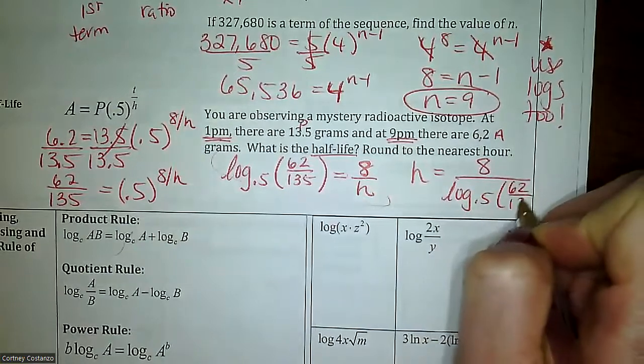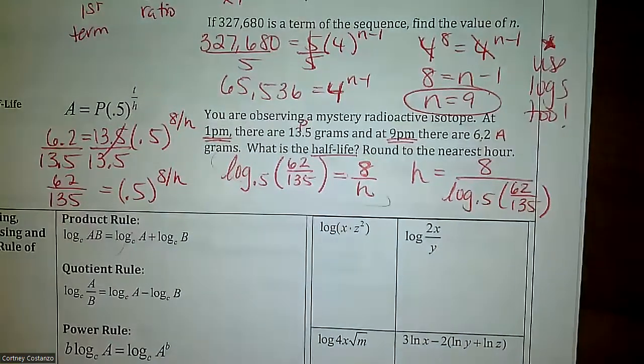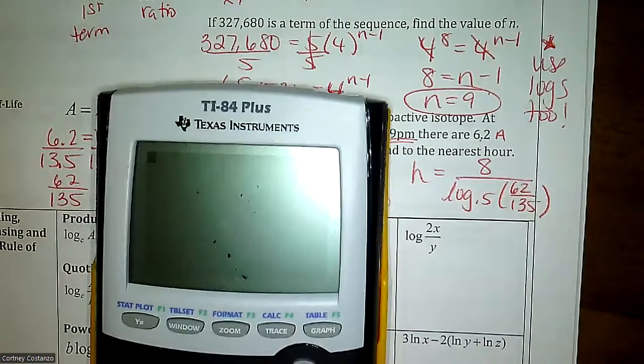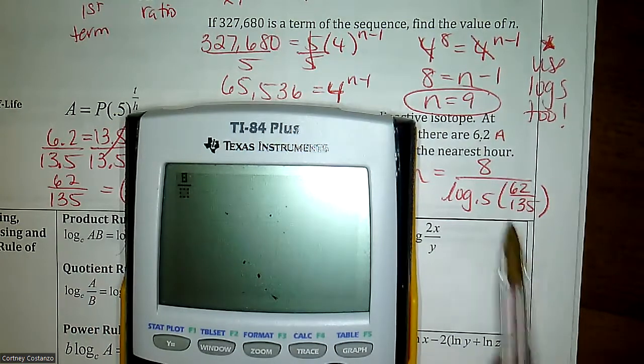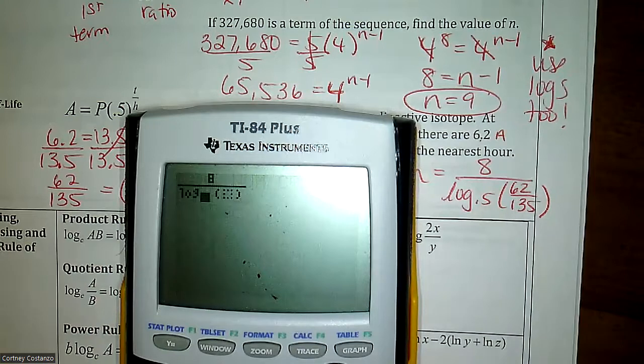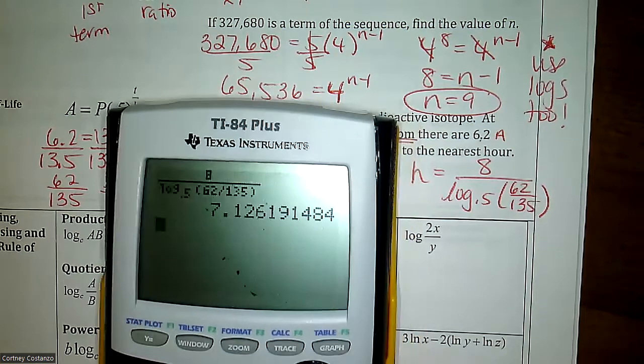I know it looks wild, but let's do it. So I have 8 divided by, and then to get that base, remember it's math, alpha math, 0.5 of 62 over 135, hit enter, and there you have it.